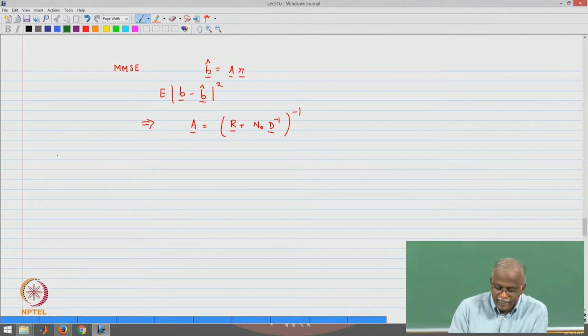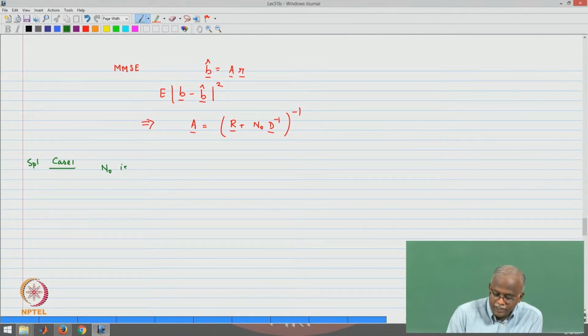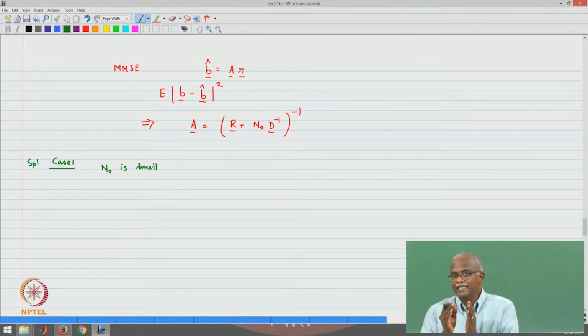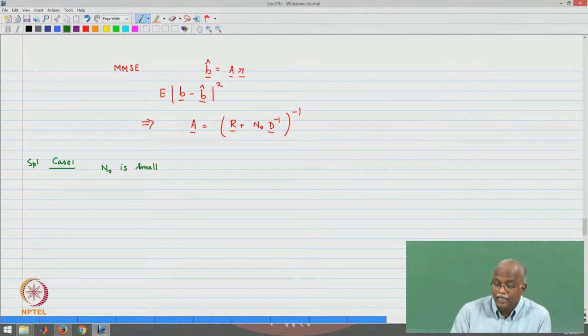The first special case that we would like to look at is, so this is case 1, the case where the noise variance is small. In other words, the additive noise from each of the antennas, the thermal noise, is small compared to the other forms of interference, the multi-user interference.